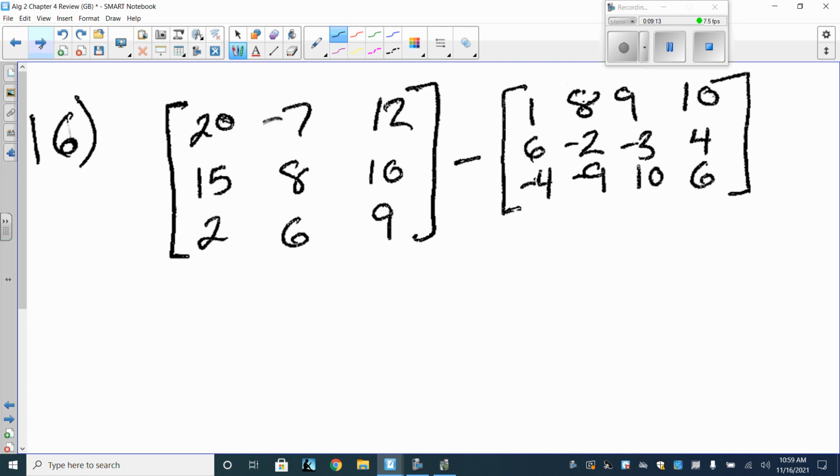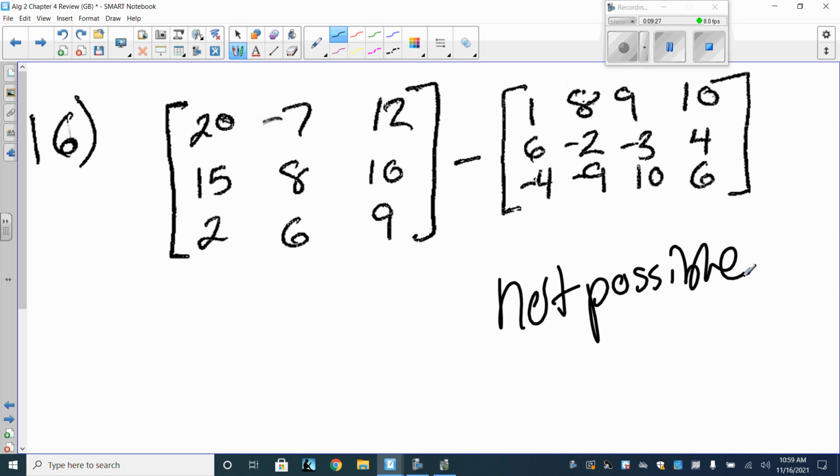Questions on 16? This is not possible. The calculator, if you type this in and hit enter and plugged it in correctly, it will tell you that there is invalid dimensions, because for us to be able to add or subtract two matrices, the dimensions have to be the exact same.